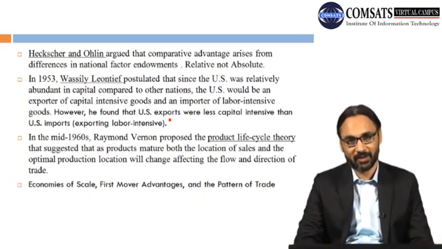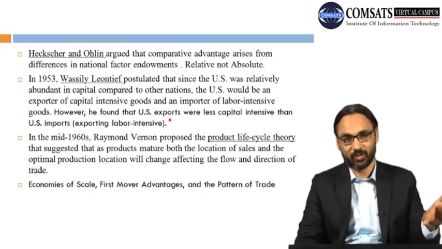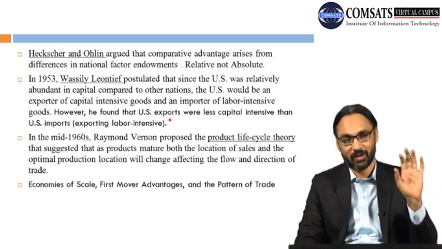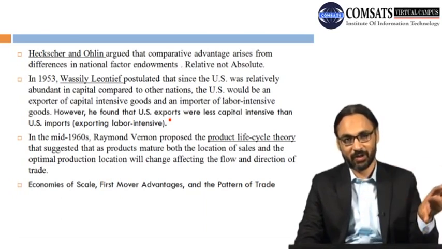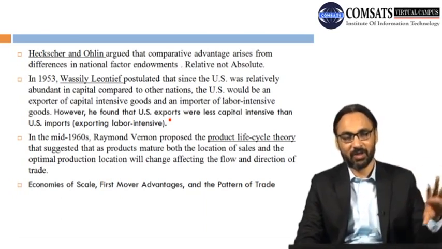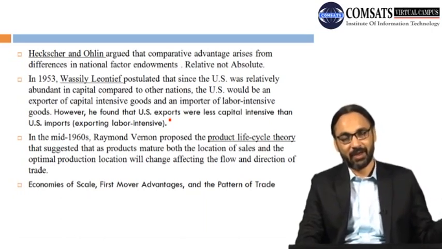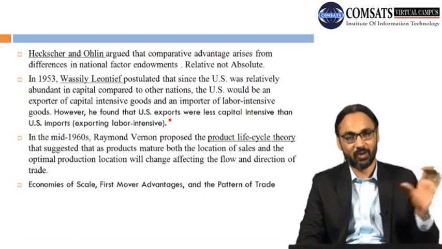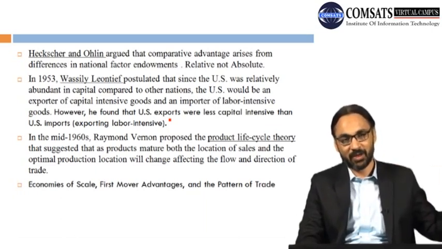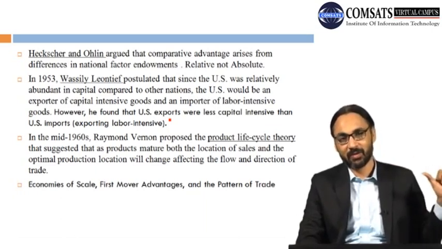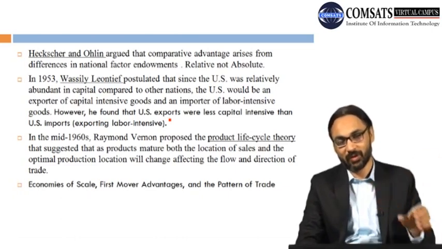Vernon explained this with the example of the X-ray machine. The US made this product, and then gradually started to export to the European countries. Then they started to build it in the European countries, and later in the developing countries. At that moment, rather than making X-ray machines in the USA, they were building them in third world countries and exporting to the USA.